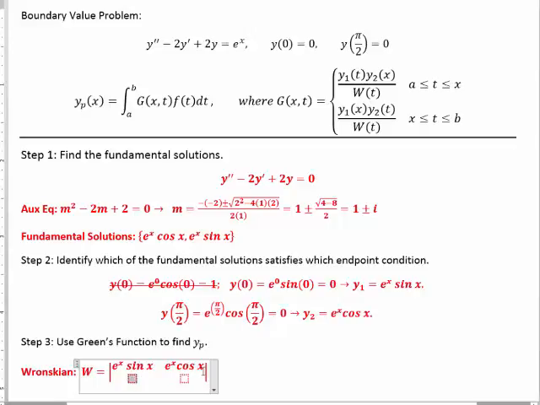But we still need to find derivatives. The derivative of e to the x sine x is the derivative of the first, e to the x, times the second, sine x, plus the first, e to the x, times the derivative of the second, cosine x.